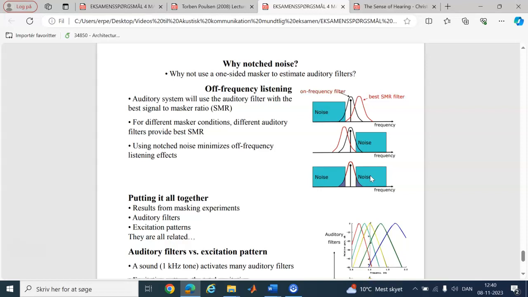Using noise minimizes off-frequency listening effects. I don't know too much about it, but it should be better.